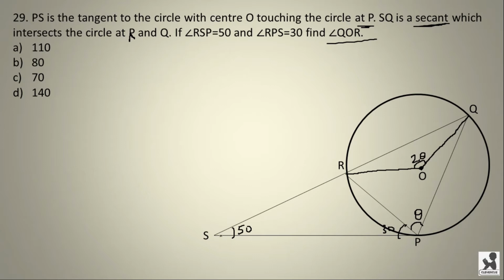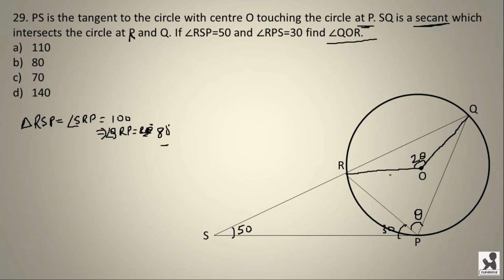Now, in triangle RSP, angle SRP is equal to 100. Then we get angle QRP as 80 degrees.